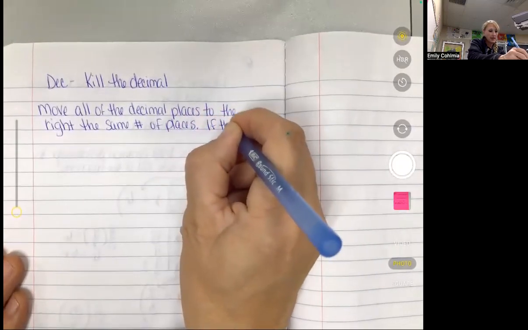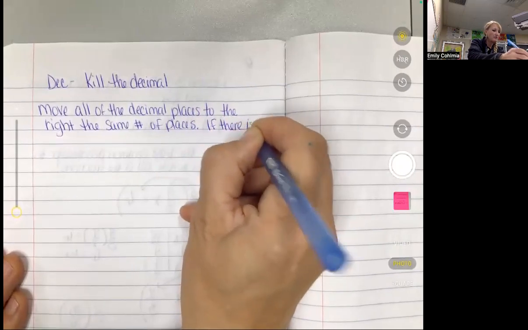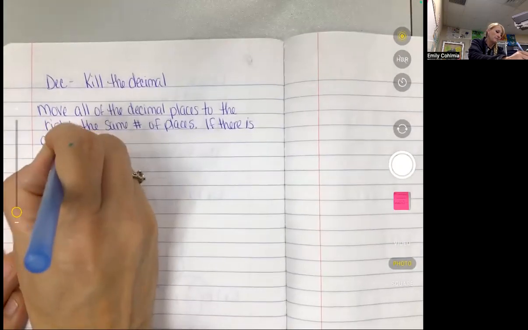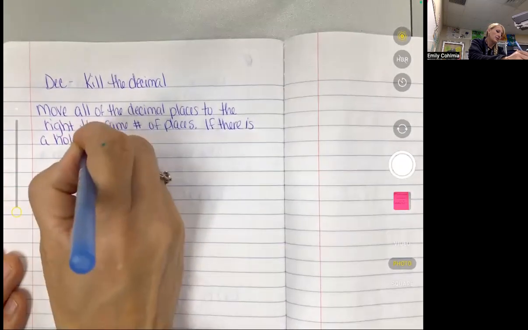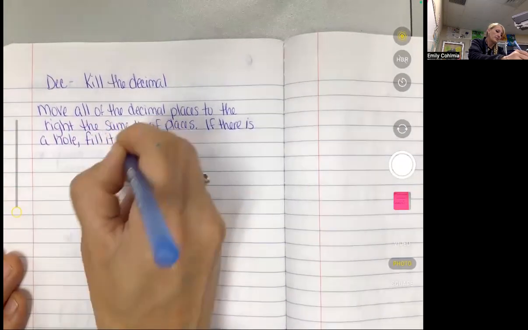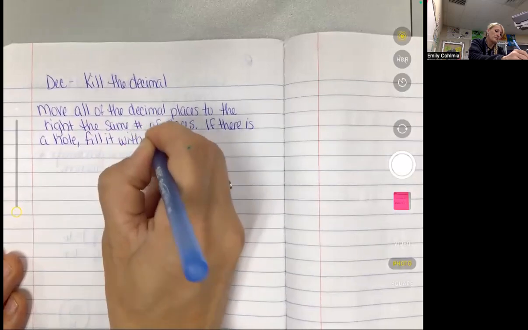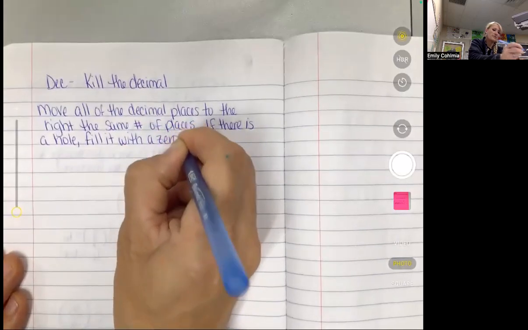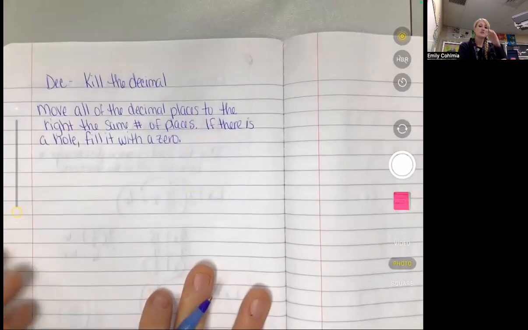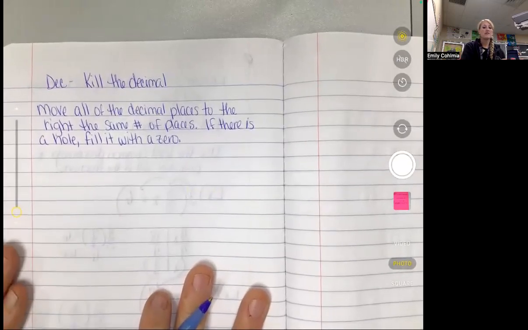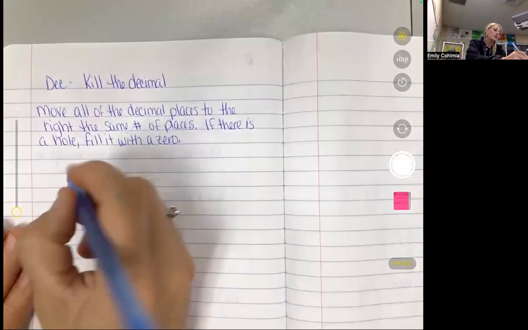If there is a hole, fill it with a 0. So move all the decimal places to the right, the same number of places. If there is a hole, fill it with a 0.